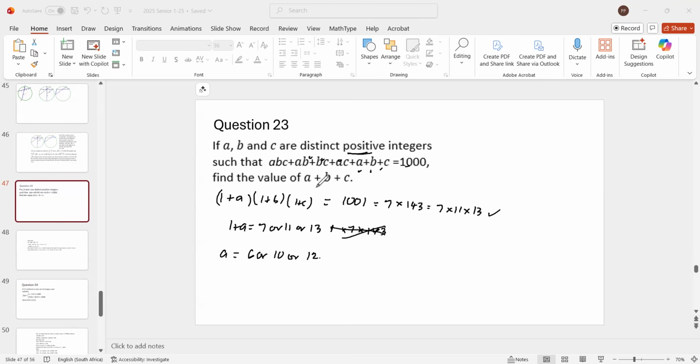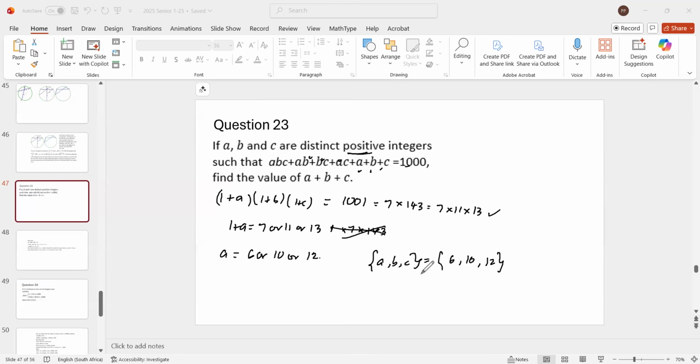Actually, it doesn't really matter because A plus B plus C, if you turn these things around, whether it's B plus A plus C or C plus A plus B, you will always get the same sum, right? So the numbers A, B, and C will be 6, 10, and 12. Right? A, B, C, 6, 10, and 12.